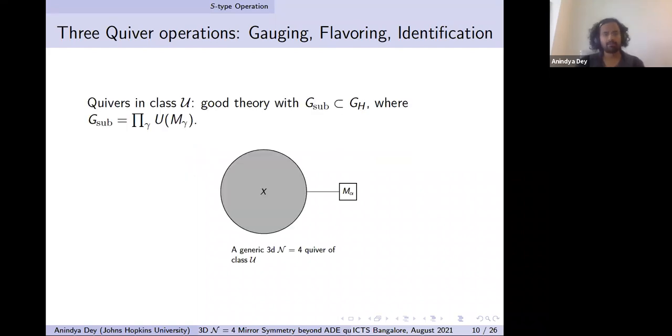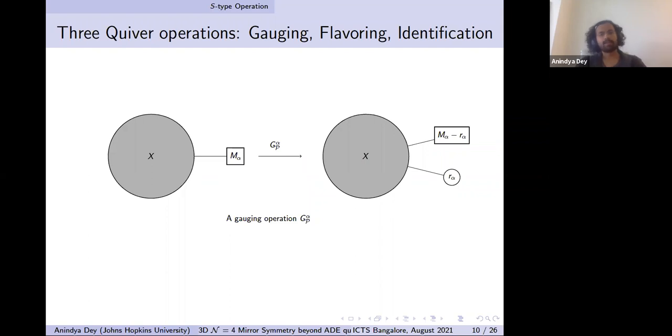Now given such a theory, X in class U, this is how I denote it generically. Everything else is hidden. I have just shown a U(M alpha) global symmetry. I can define 3 different operations. The first operation is the plain gauging operation.